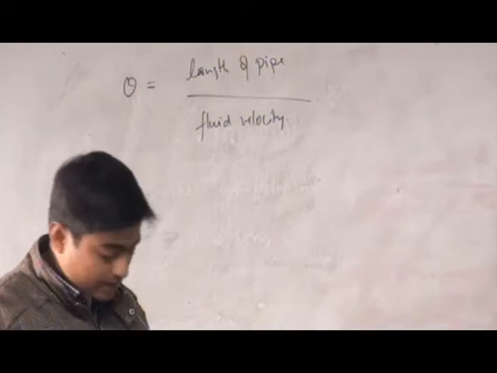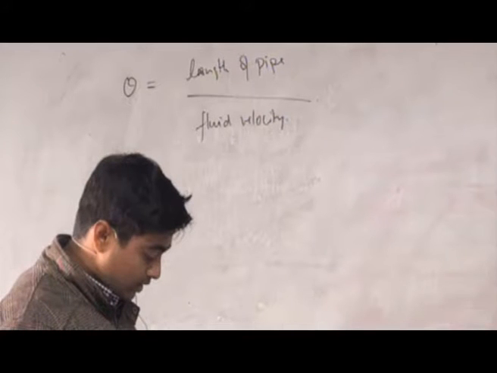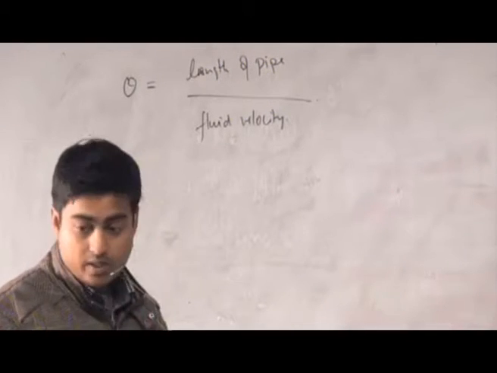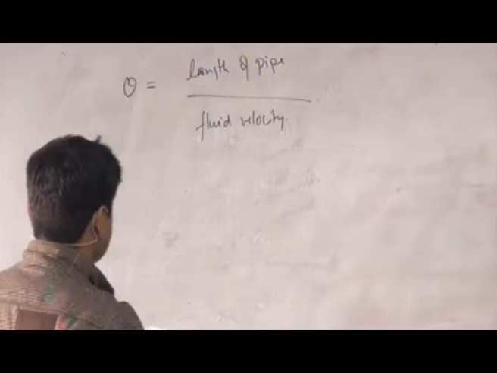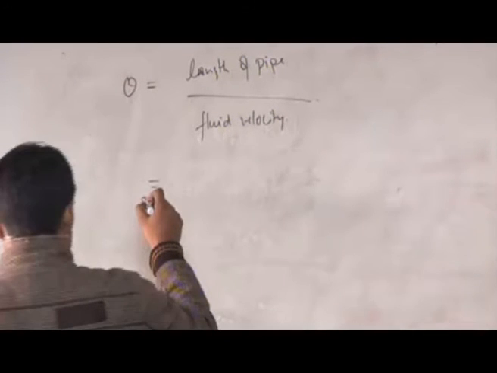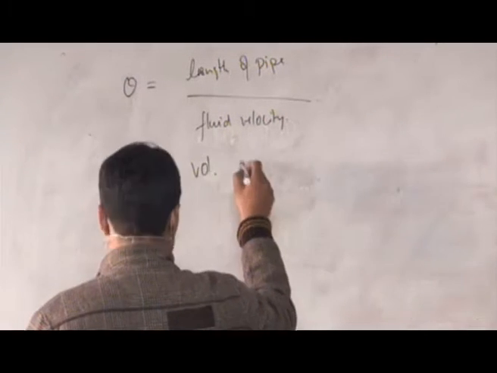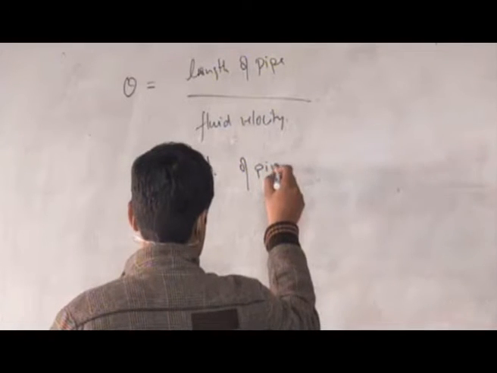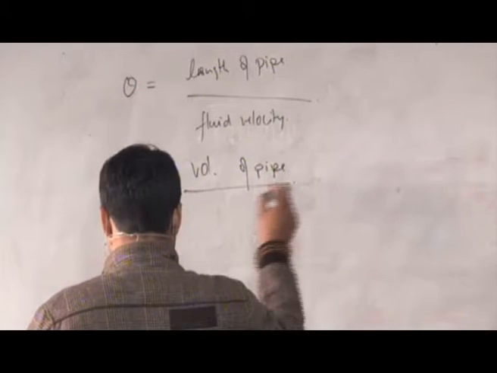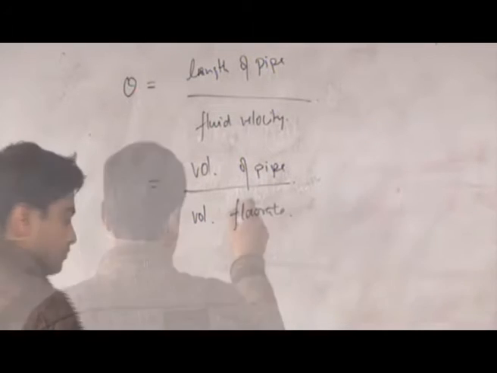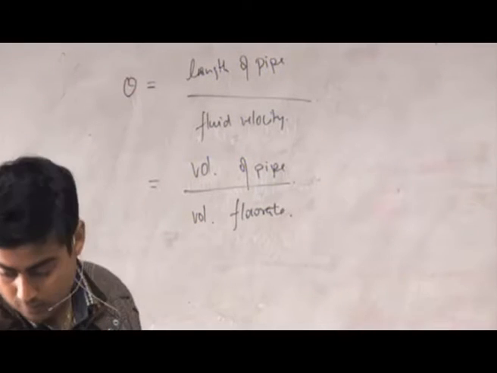Let me finish this brief introduction about the time delay system, then I will come on to your questions. You could also write it as the volume of the pipe over the volumetric flow rate.